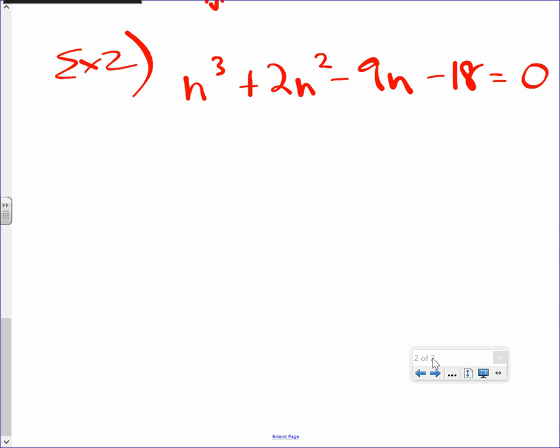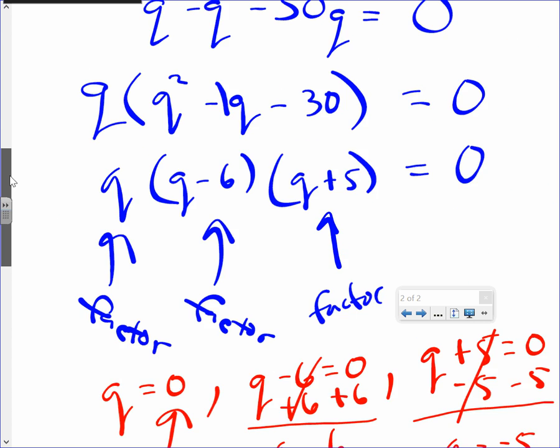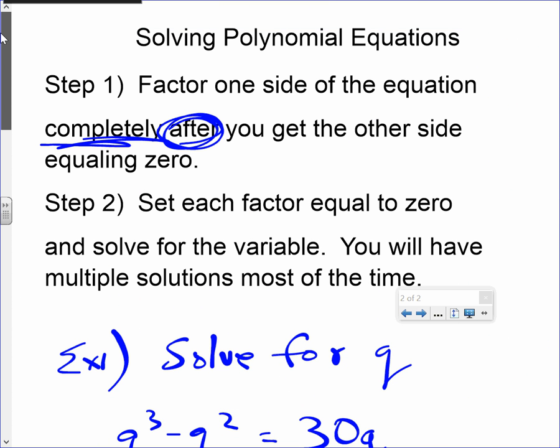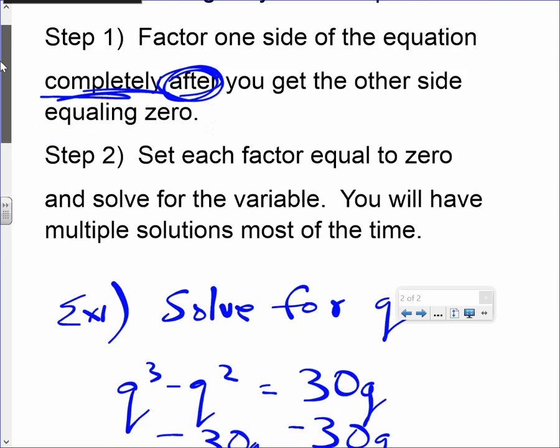What in the world is going on here? Let's do step 1. Step 1 says factor one side of the equation completely after you get the other side equaling 0.